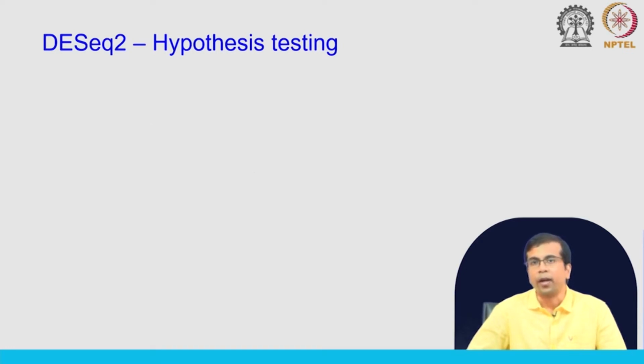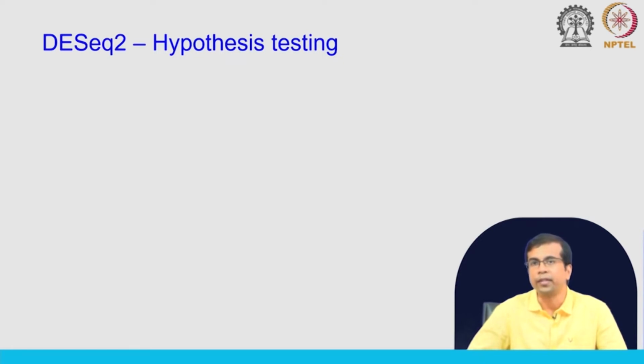So, the next part. Now we have estimated the dispersion, we have fit the model, and we have the parameter values estimated using the generalized linear model. So, we know the beta values. Now, it is time for hypothesis testing. In the simple example that I gave you in the last class, we have a null hypothesis which says beta values are 0, which means there is no difference between disease and healthy condition.